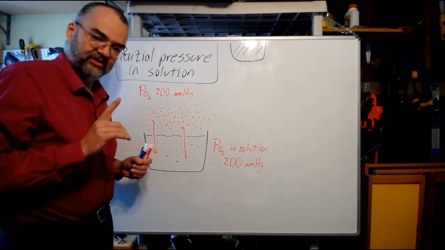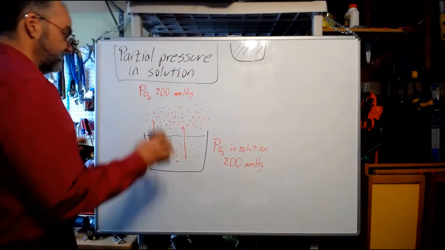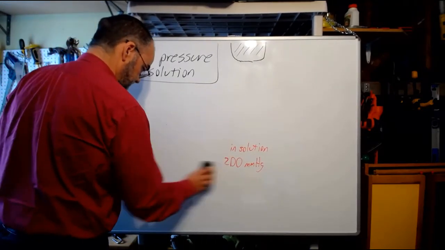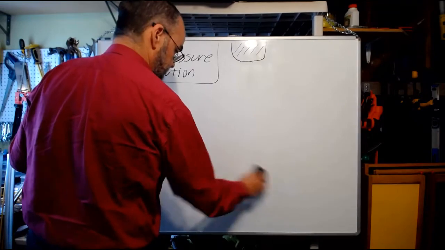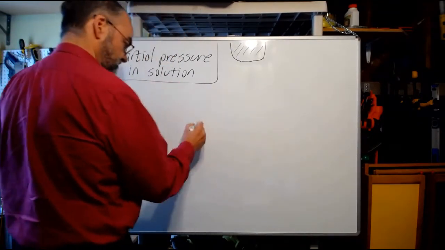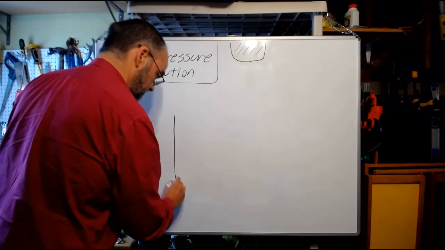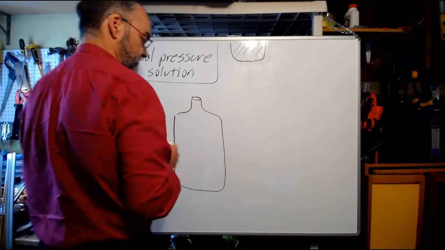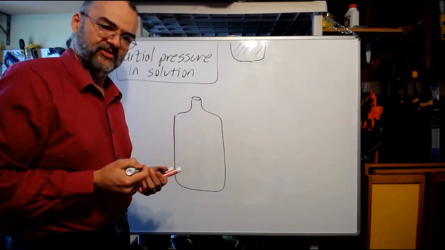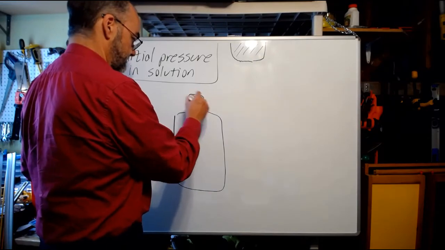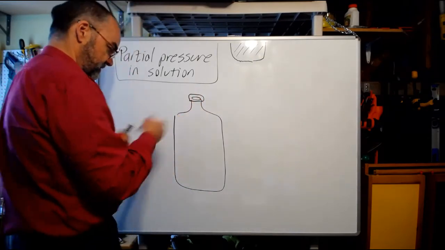Here's a real-world example for you to think about. Doesn't look much like a 2-liter soda bottle, but we'll say it is one. And we'll put our cap on it. Let's see.